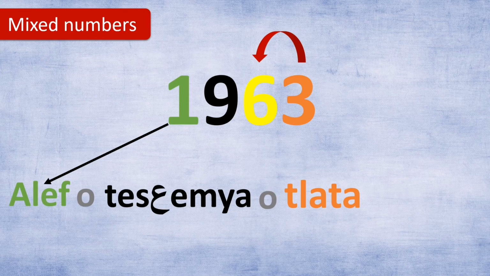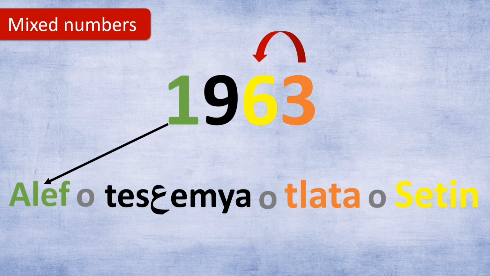So we would say 3 60. So 1963. Let's say it again. 1963. Perfect.